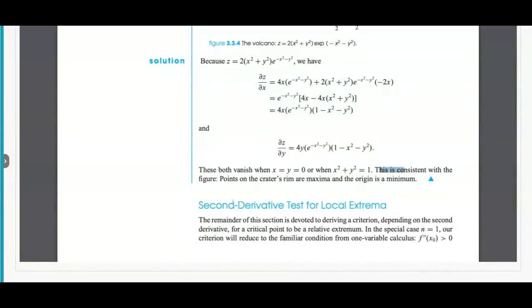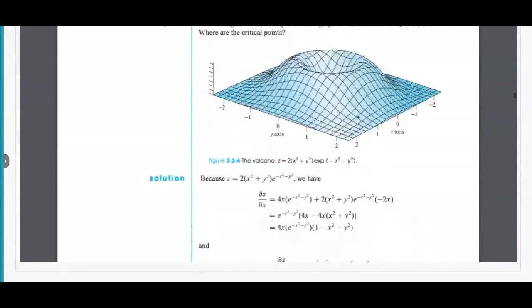This is consistent with the picture: points on the crater's rim are maxima, and the origin is a minimum.